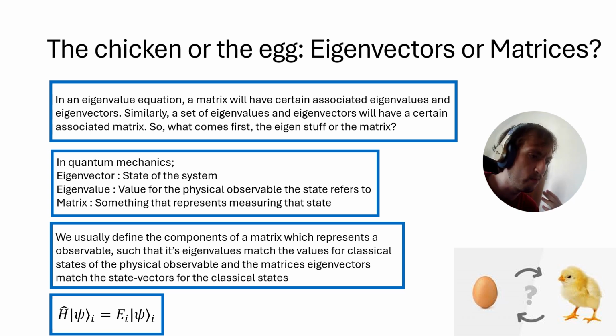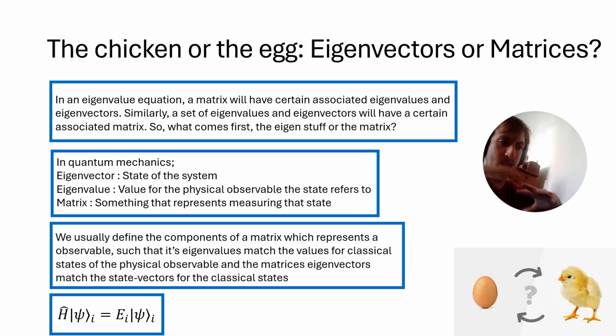And it's worth saying we can pick different eigenvectors. That is, if we've got a system where it can have different classical states, then that same physical observable will be represented with a matrix with different components. So whenever we describe a physical observable in quantum mechanics, we always say we are representing that observable in a particular basis, and the basis refers to the eigenvectors we are working out the components of our matrix from.